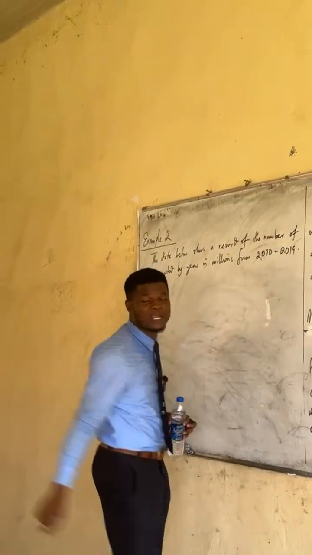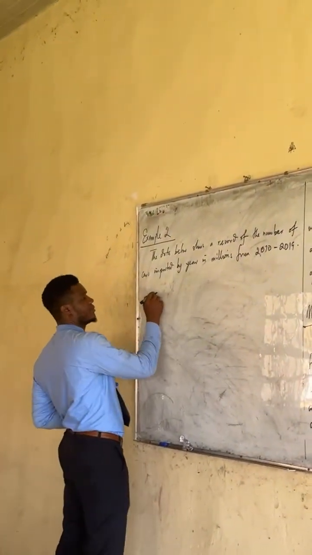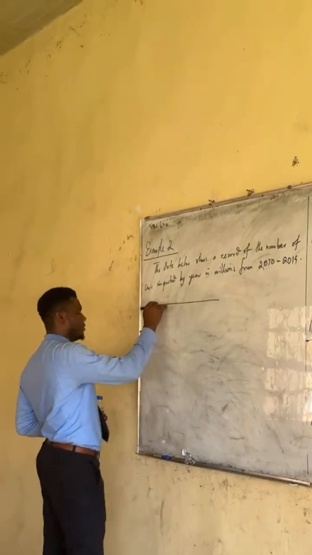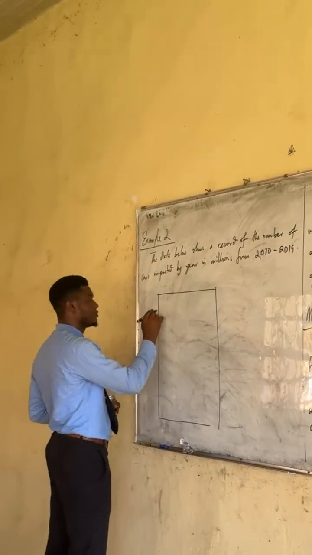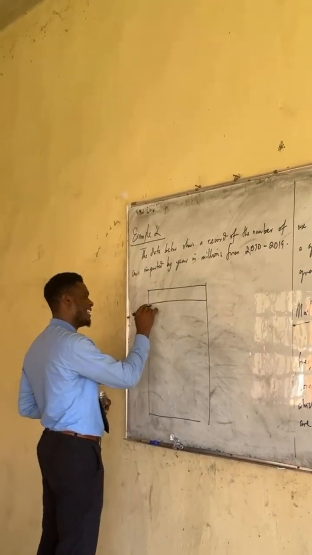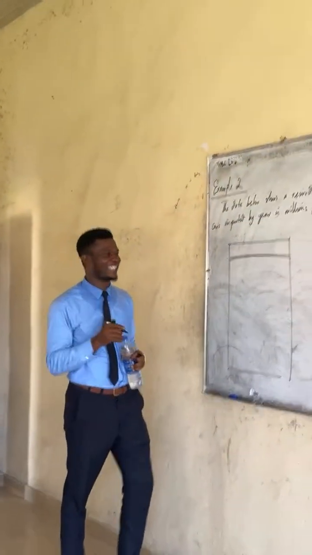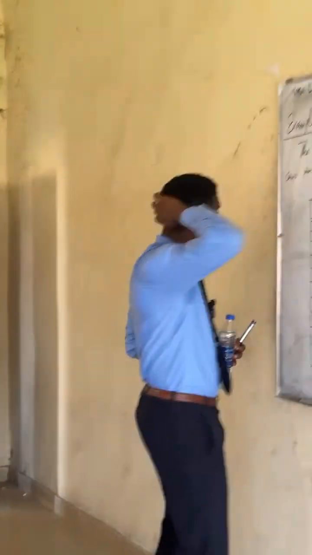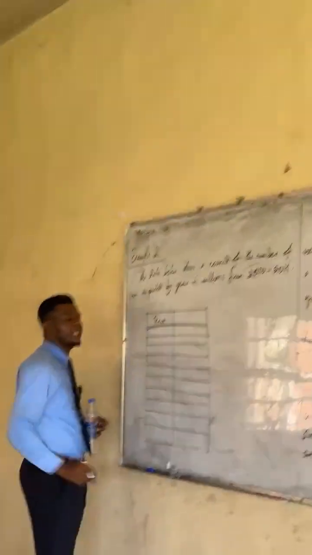I think 210 to 219 is 10 years, right? It's 9 years.